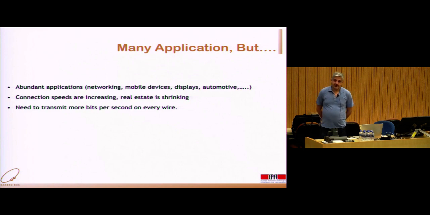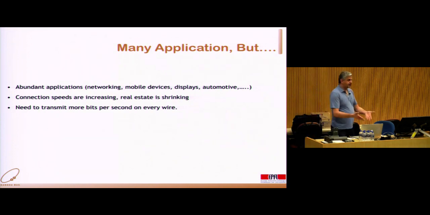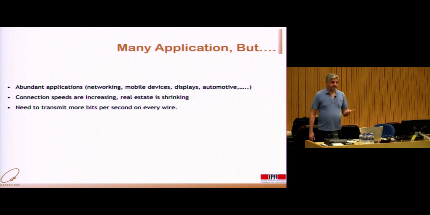The issue is that the speeds are increasing. If you believe what EMC postulated a few years ago, the amount of data doubles every 18 months, and that data has to be somehow processed by these chips. So you can say that, on average, the amount of data that goes in and out of a chip doubles every 18 months. On the other hand, the real estate doesn't double.